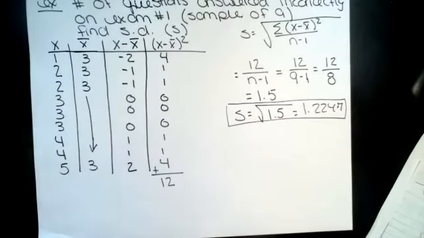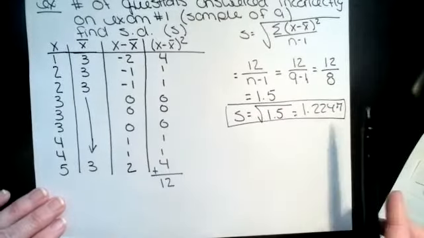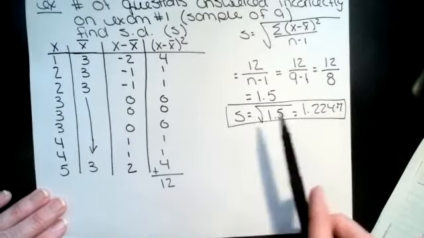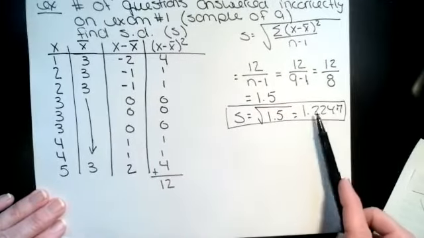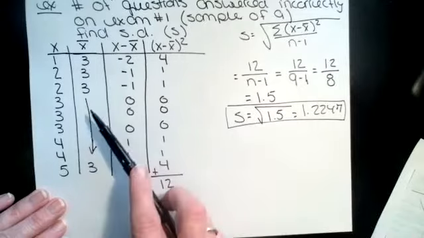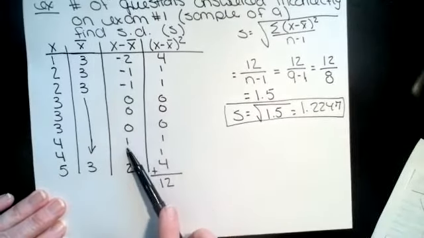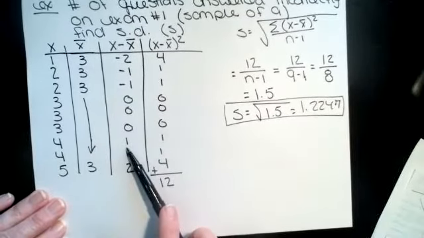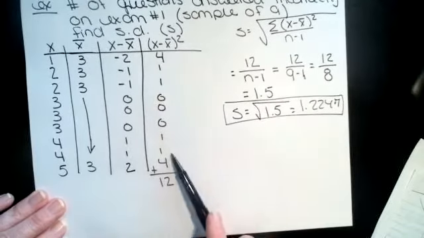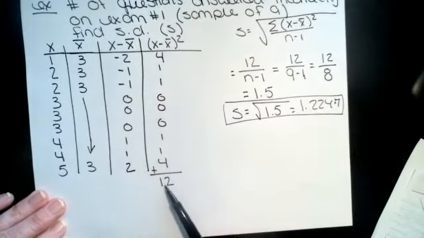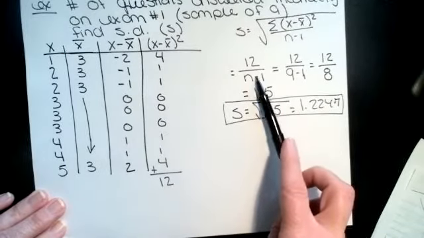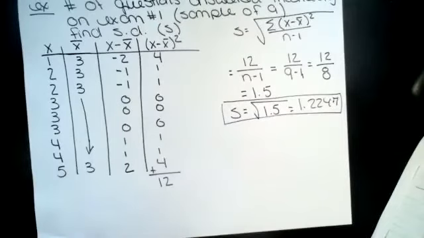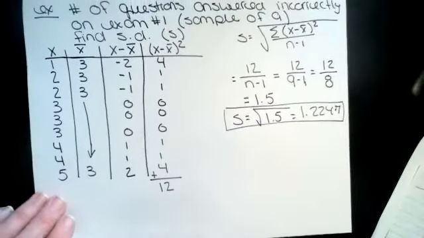I think it's so important for you to see where this number comes from by actually working through the problem yourself. You're just subtracting, so you're finding the distance from the mean, right? And then you're going to square it because you have some positives and negatives, and then you're going to add them up. So you're finding that distance and then averaging it, right? It's the average distance from the mean. I just think it means so much more when you do it.